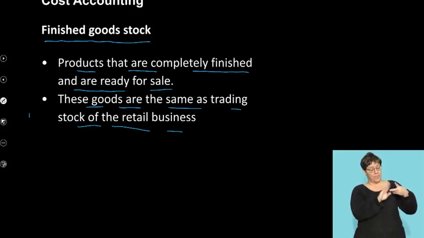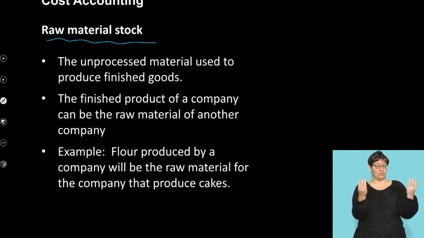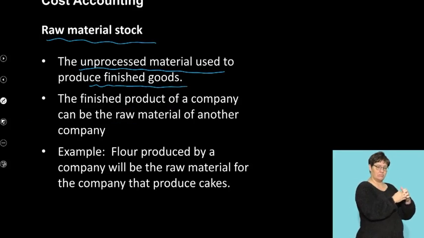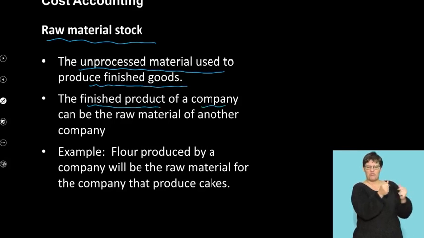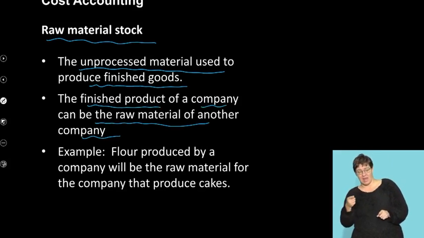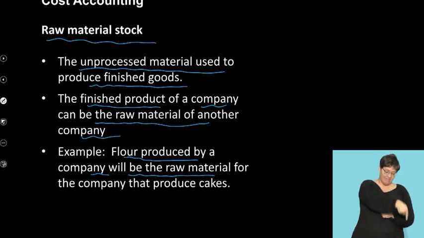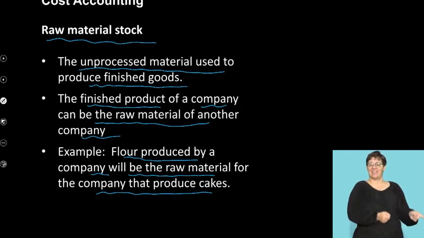Okay, the next one is your raw material stock, the unprocessed materials used to produce finished goods. The finished product of a company can be the raw materials of another company. Example, flour produced by a company will be the raw material for the company that produces cakes. Simple.